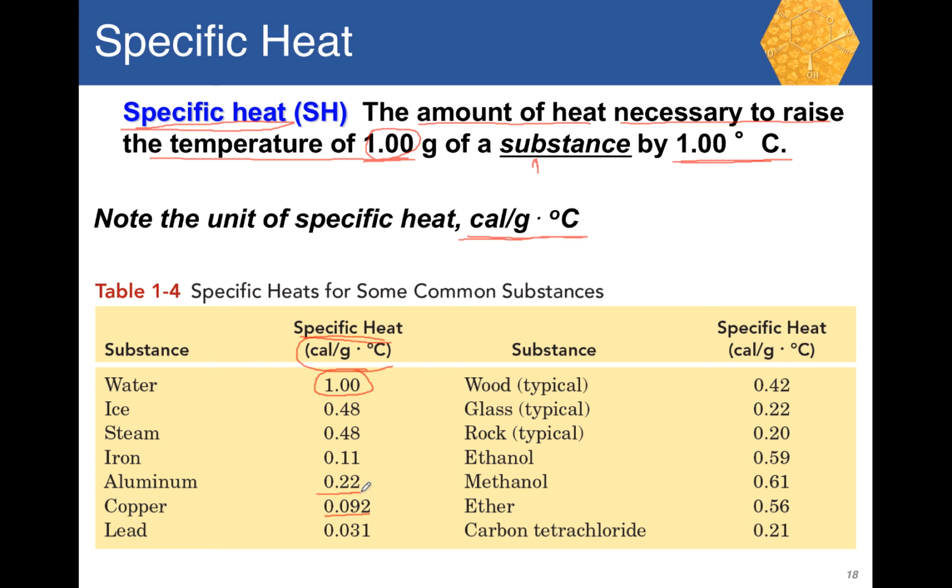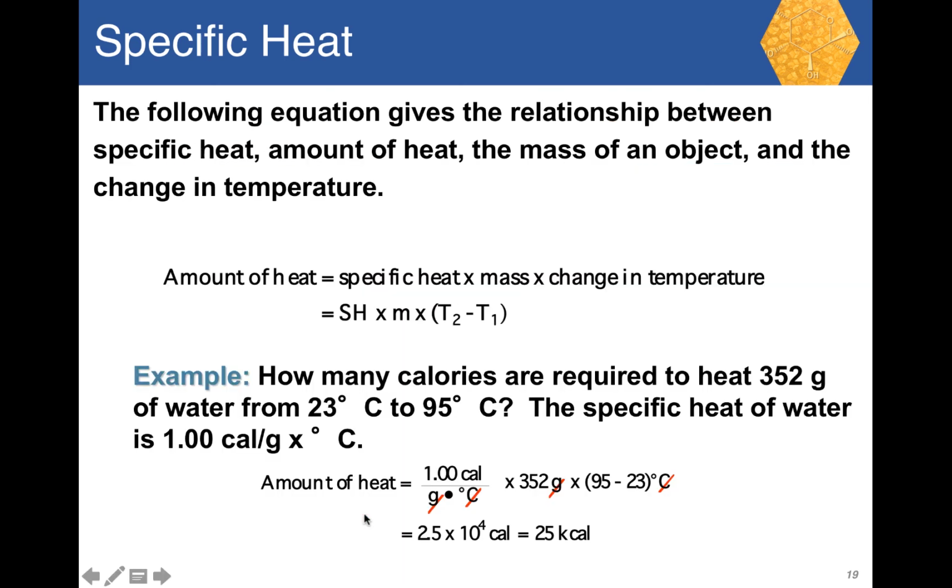If you went to the hardware store and you wanted to buy a pot to heat your cooking, which is a better pot to buy? An iron pot, an aluminum pot, or a copper pot? Again, we'll get to that in a second, but I want you to think about that as we go through this course.